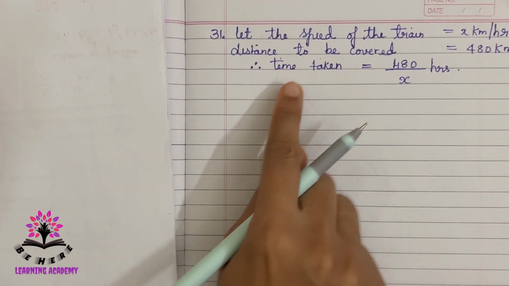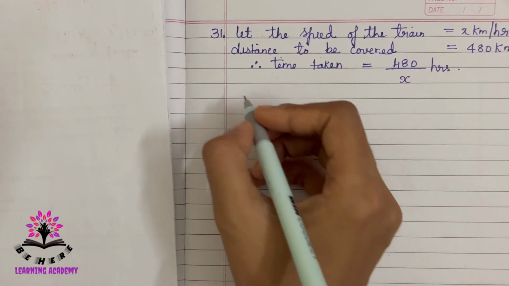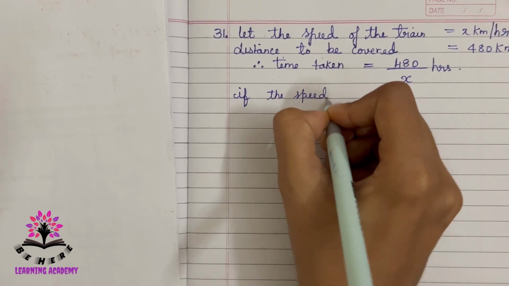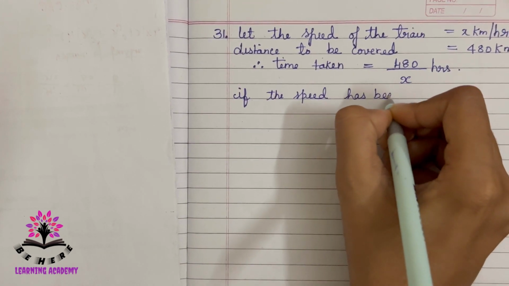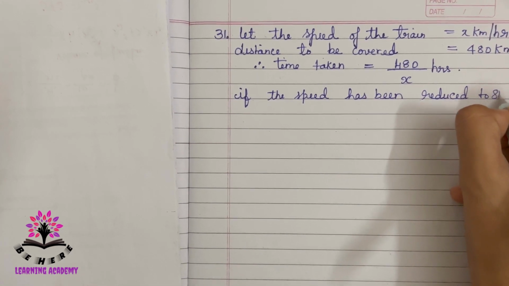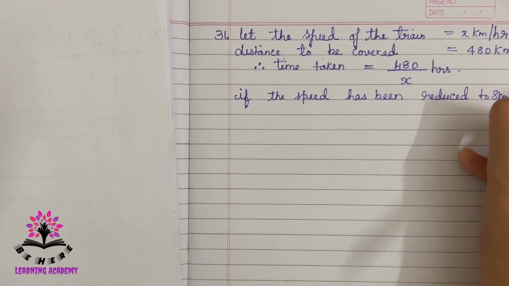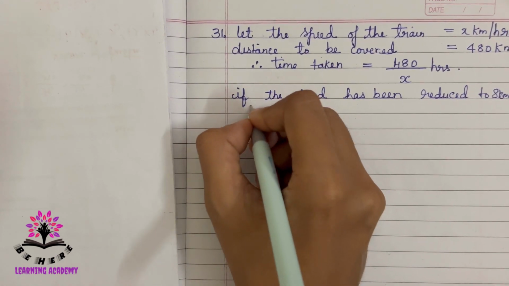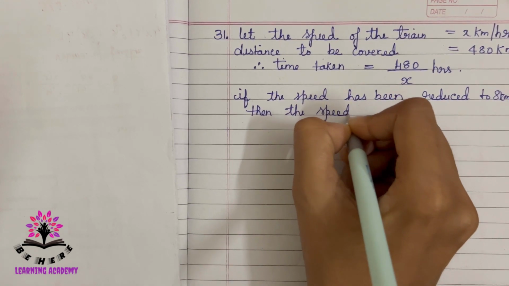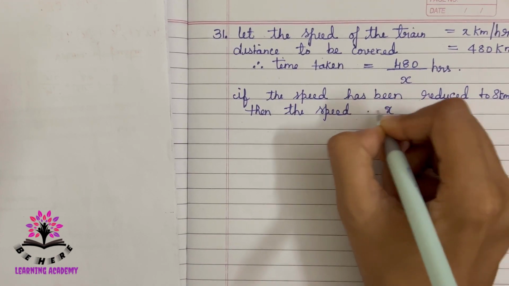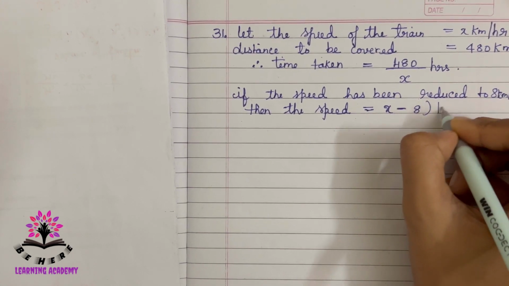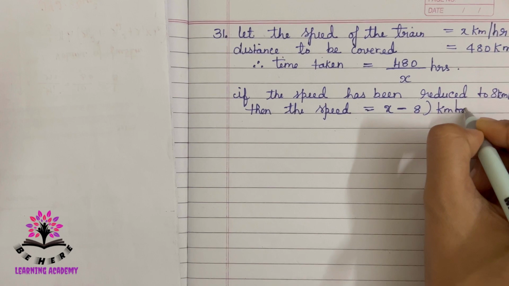So now if the speed has been reduced by 8 km per hour, it is mentioned in the question, then the new speed will be, then the speed, I can write it as, then the speed is equal to x minus 8 kilometer per hour.